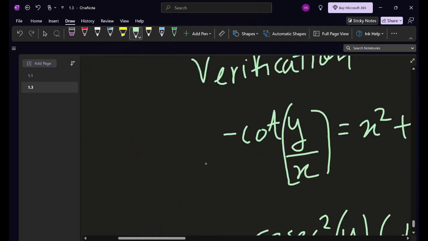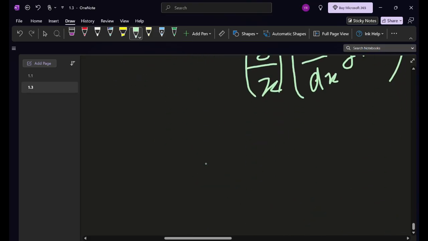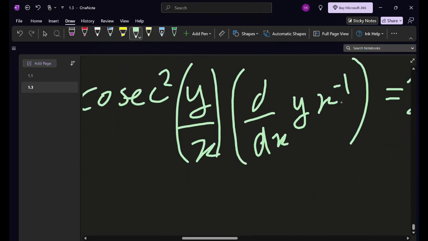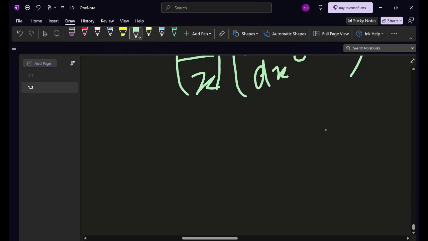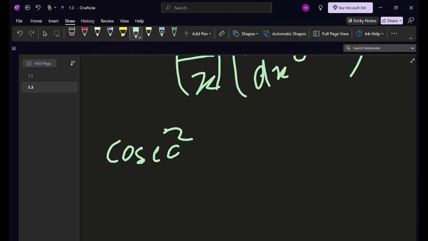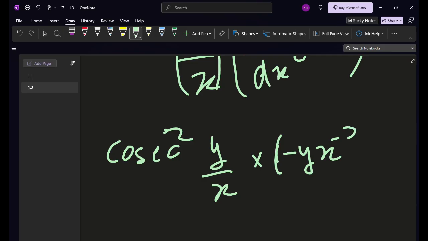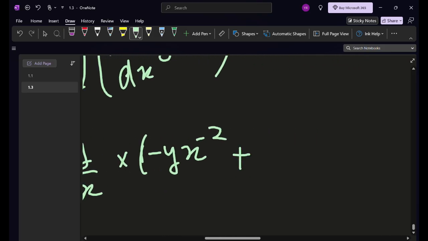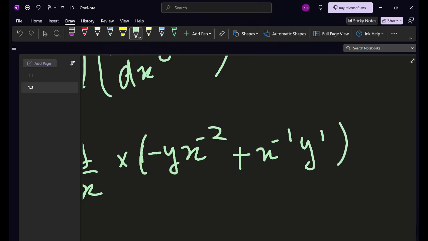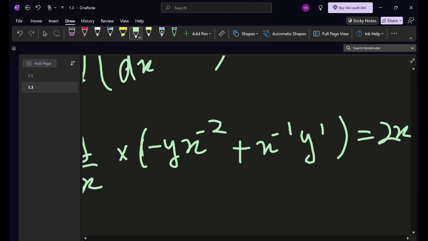Now differentiating it, we are gonna differentiate this part using the product rule. So it can be written as cosec square y by x multiplied by minus y x to the power minus 2 plus x to the power minus 1 y dash, and this is equal to 2x.